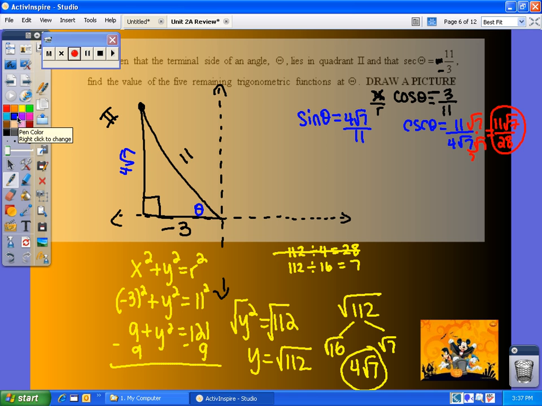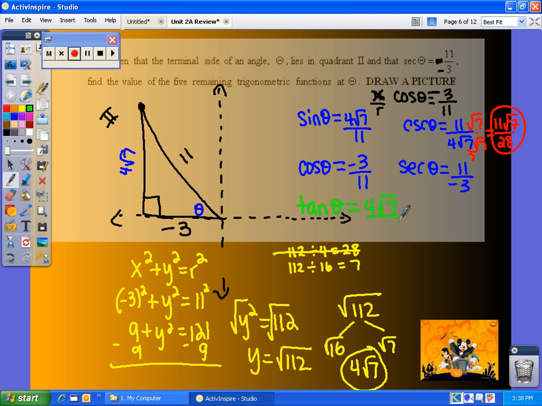Okay, the next one is cosine. Cosine is adjacent over hypotenuse, and we had already found that earlier. And secant was the one that's given to you in the problem. Okay, last one to find is tangent. Tangent is opposite over adjacent.